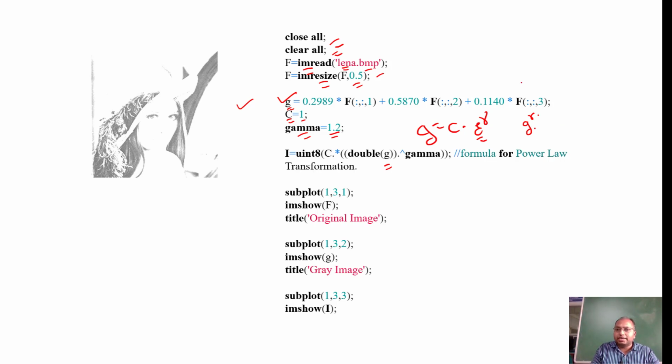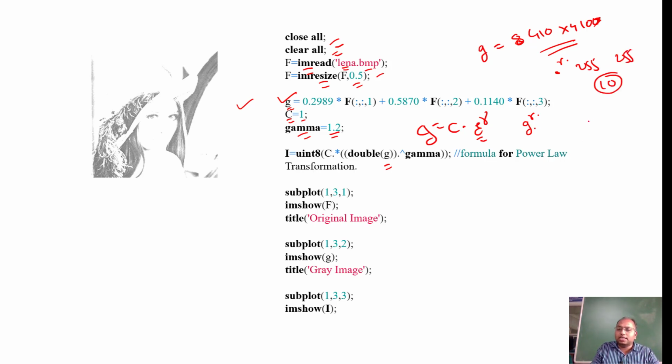Let us say G has values of 410 by 410 pixels. Each pixel must be raised to the power gamma. Let us say 255, 255, 255, such like 10 pixels are there.